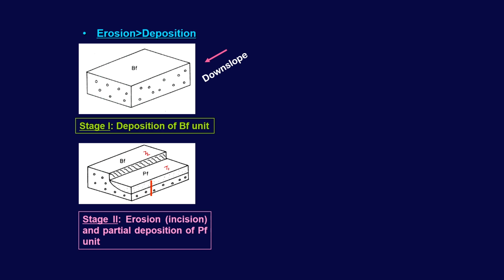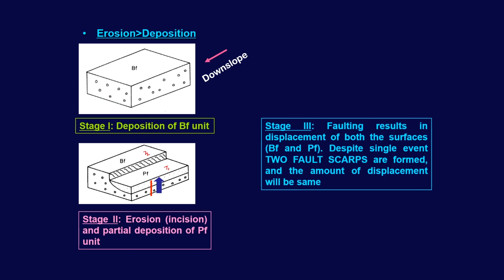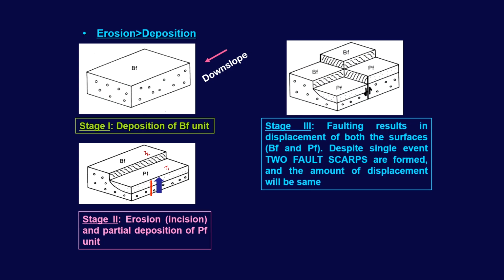And then let us say that there is faulting here where the right hand side block has moved up. Okay. So, what you will see in the field is faulting that resulted in displacement of both the surfaces BF and PF despite a single event.